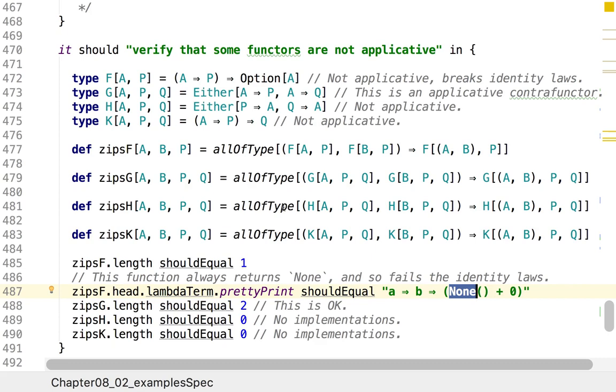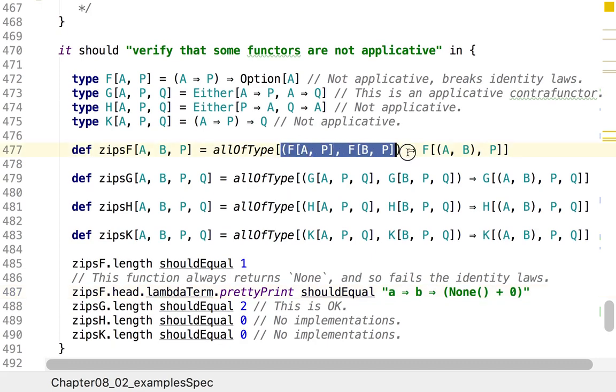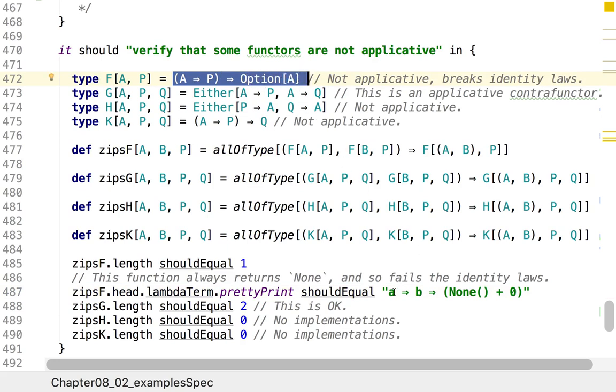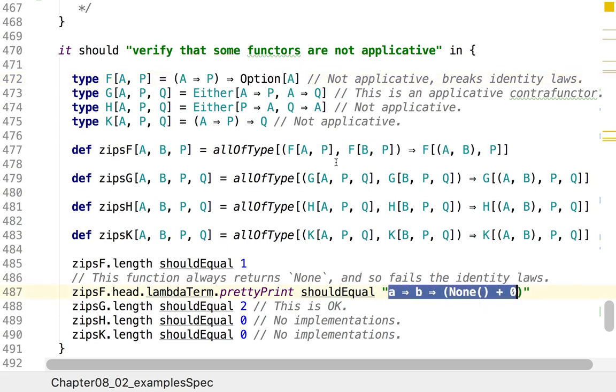If zip loses information, then it's certainly going to violate the identity laws, and so the only implementation we have of this type signature, which is the zip type signature for this functor, is going to violate identity laws, and so there is no good implementation.